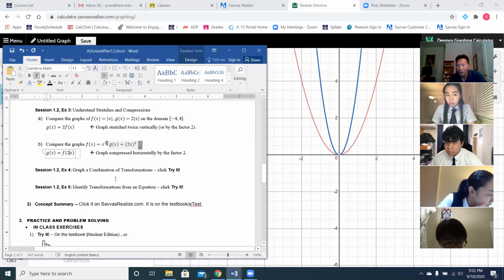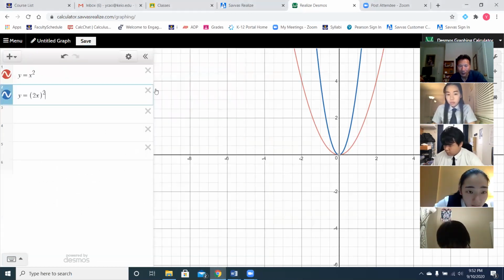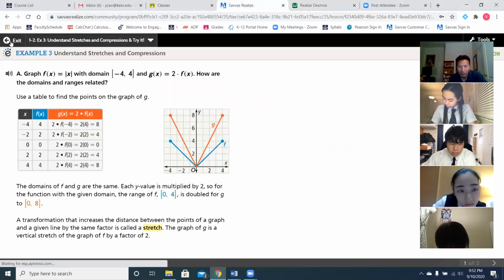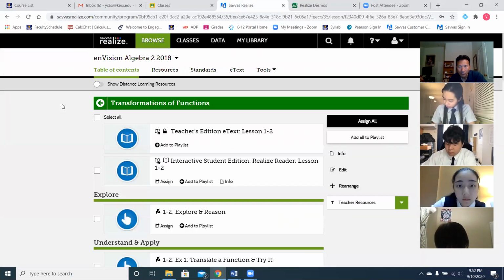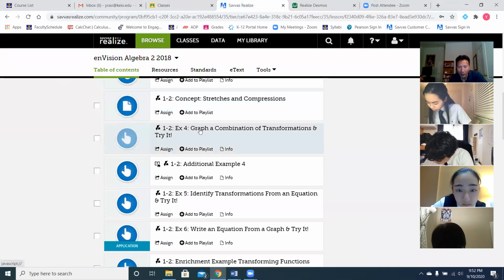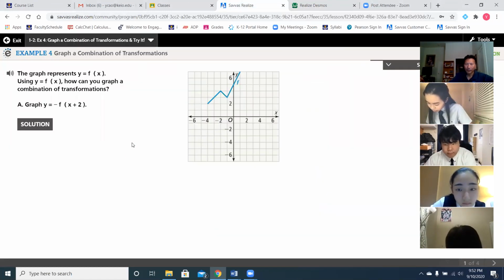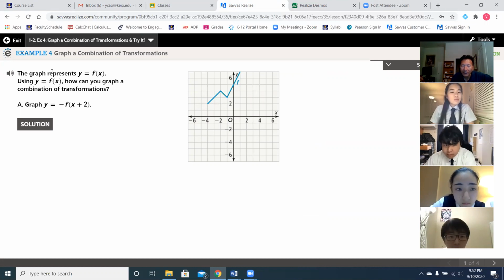Now we're going to ask you to do 2 exercises. Let's look at the 2 exercises here. Let's look at an example. Look at here, the original graph is y equals f(x).